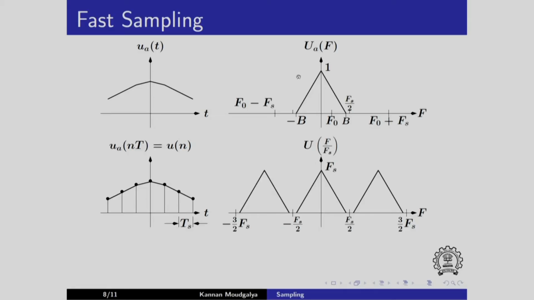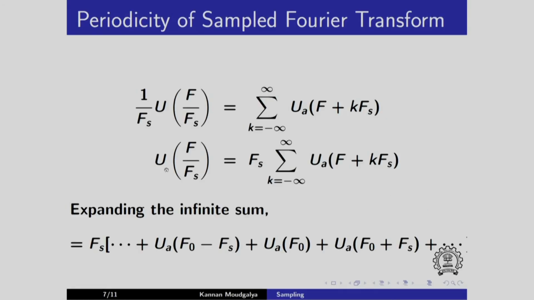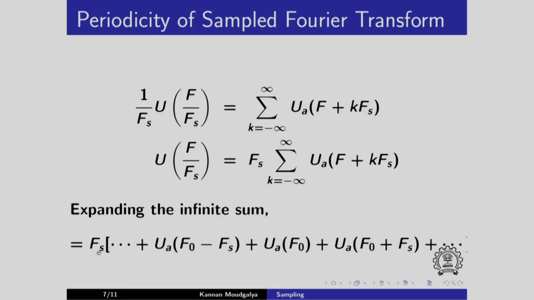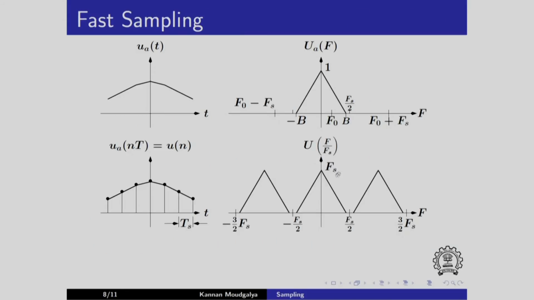And of course there is a scale factor of capital F, because to get this u you have to multiply this analog by fs. In other words, the shape is the same, but the height could be different depending on fs. Here the height is 1, here the height is fs.